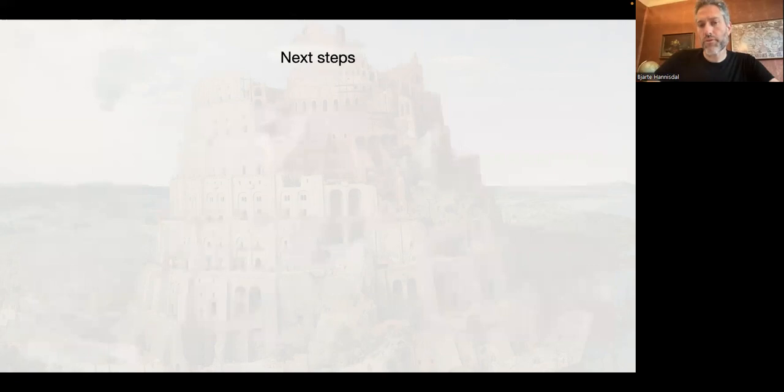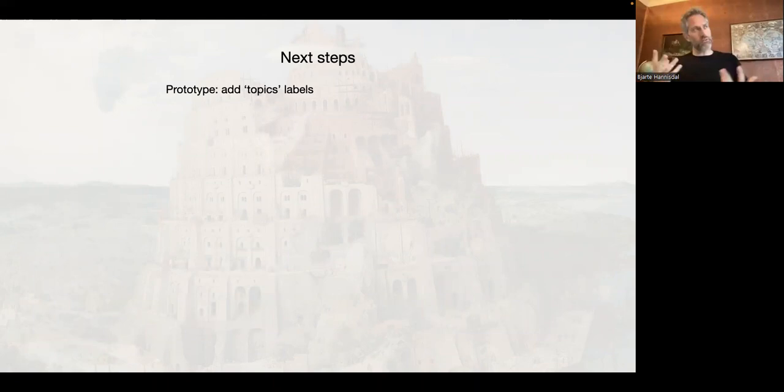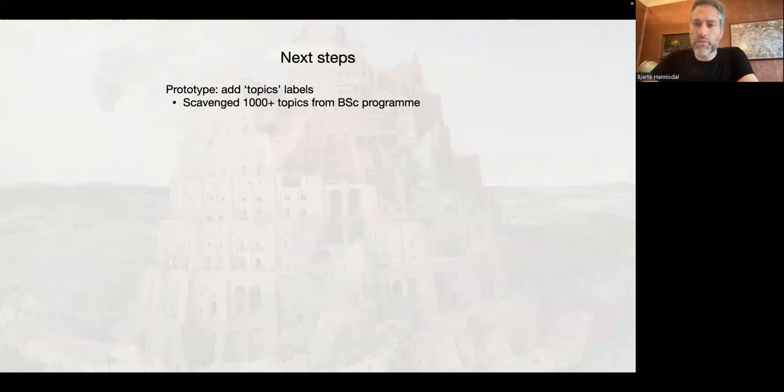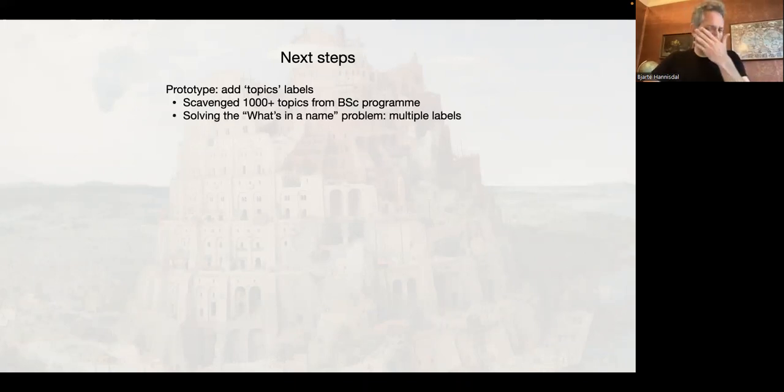So a few words about the next steps. In terms of the prototype, we are now busy trying to add topics, which is a tricky thing. So this is the naming issue. We've scavenged around 1,000 or more topics from the bachelor program descriptions that are out there. And this helps us solve this what's in a name problem, right?